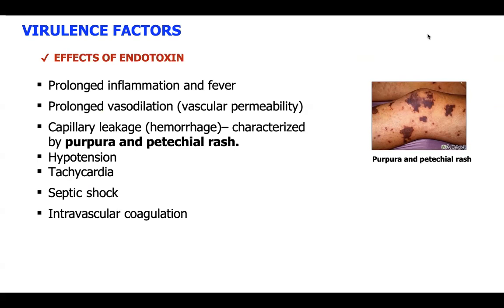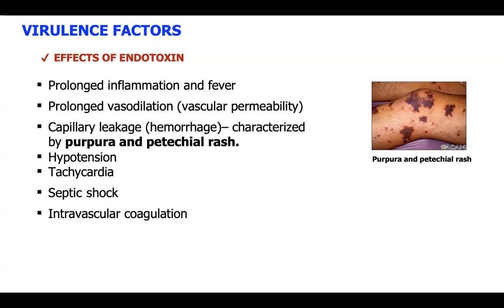Kasi si hypothalamus yung ating ang responsible sa pang-control ng temperature, no, body temperature. So natitrigger siya because of the presence of the endotoxin. Okay? And then there's prolonged vasodilation and syempre capillary leakage. Pag namatay ang gram-negative organism, mabungkag iyang cell wall. Pag bungkag sa cell wall, ma-release ang endotoxin.